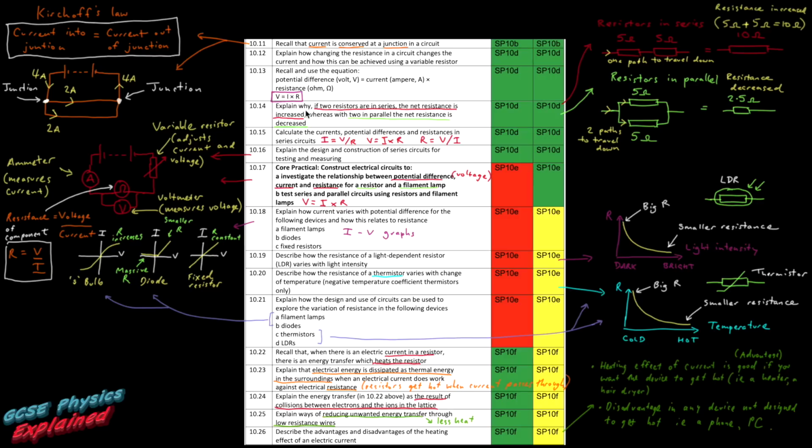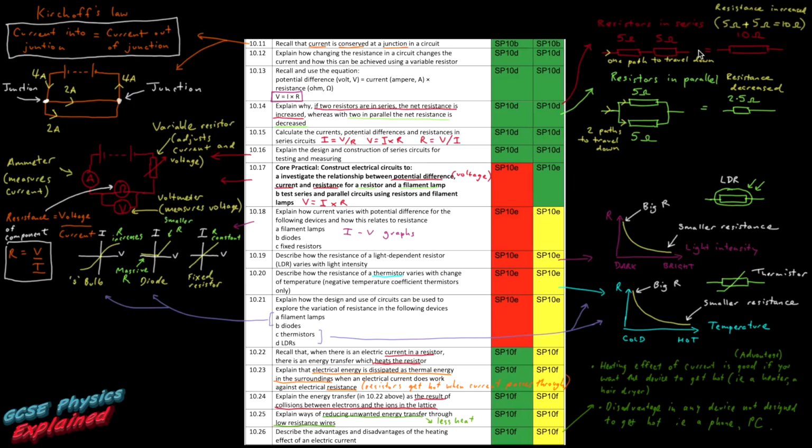10.14. Explain why, if two resistors are in series, the net resistance is increased, whereas with two in parallel, the net resistance is decreased. So in series means one thing after another. In series there's only one route, so the current has to go through this resistor and this resistor.